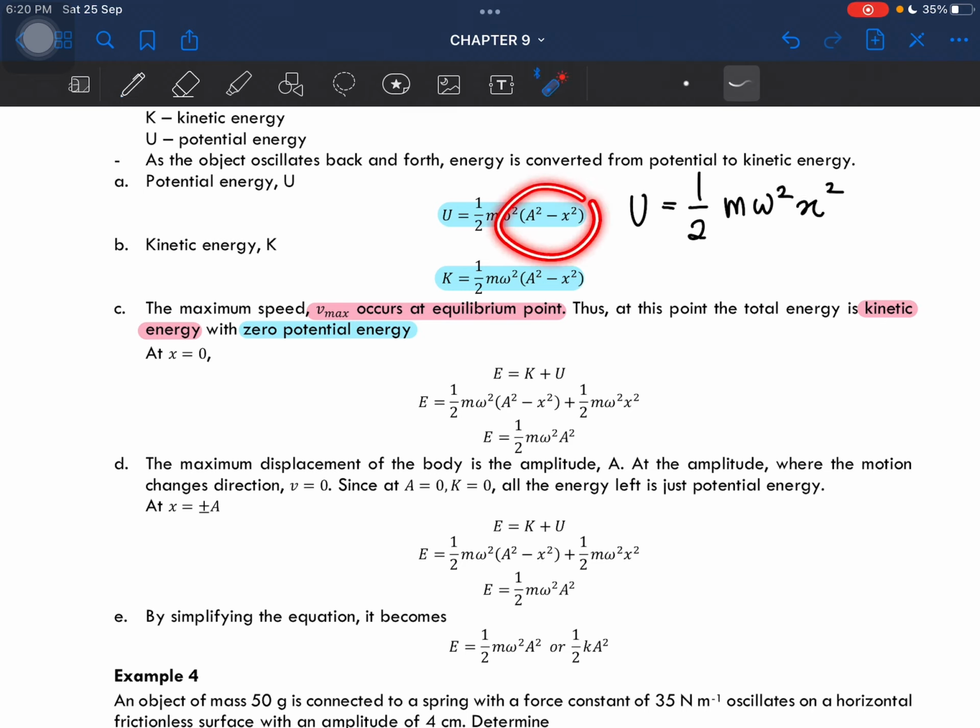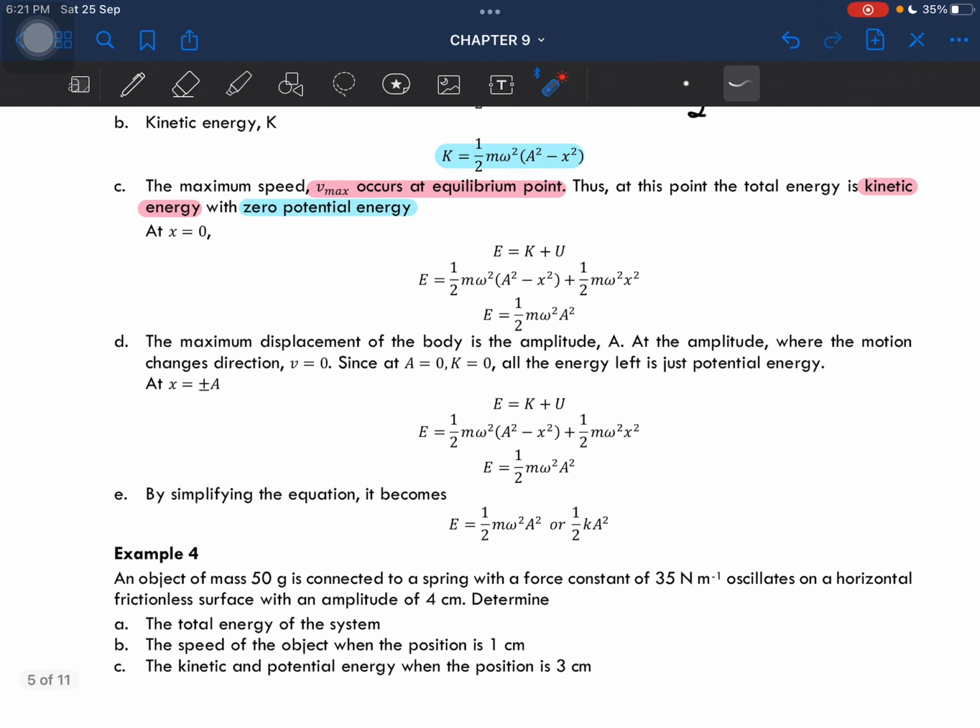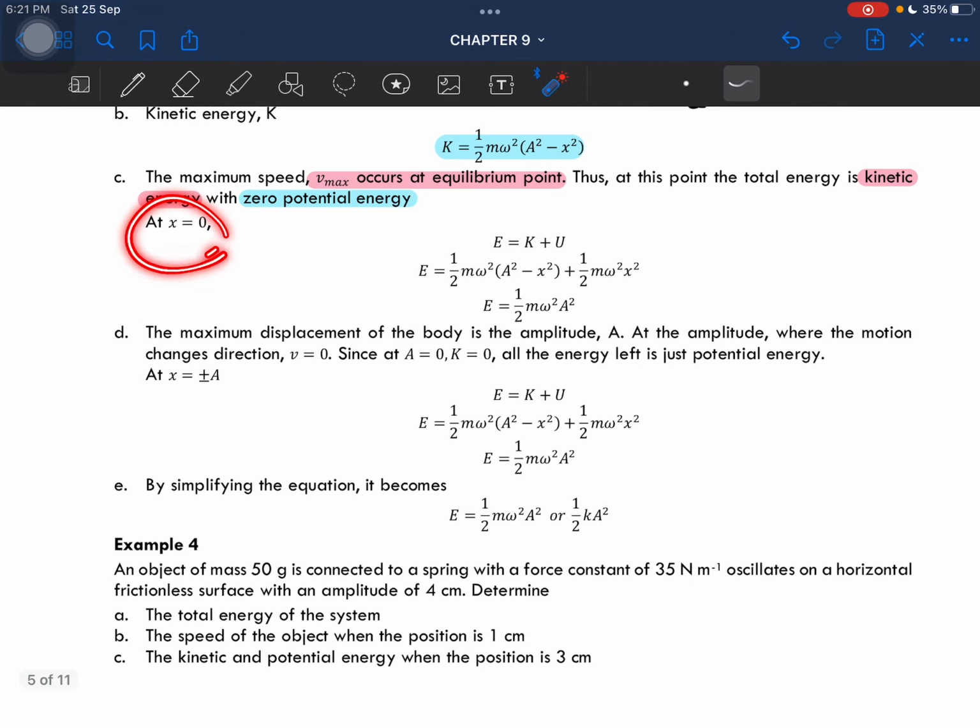This one is for kinetic energy. No wonder it looked strange. So this is the formula. I'll edit this later for your notes. At x equal to 0, which is the equilibrium point, we then get the energy formula to be equal to this.